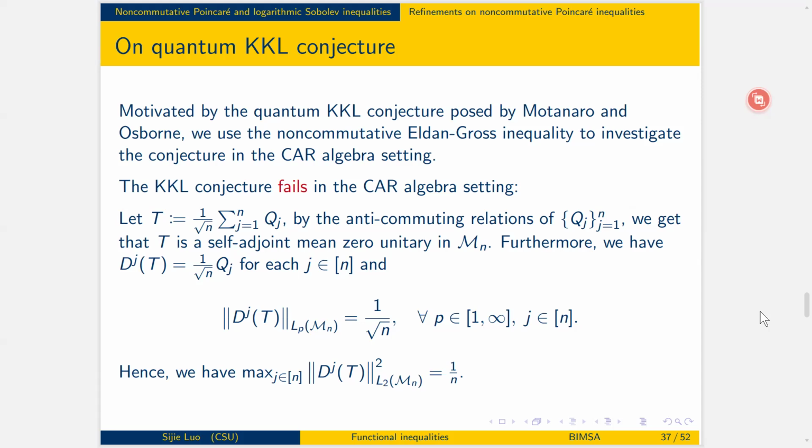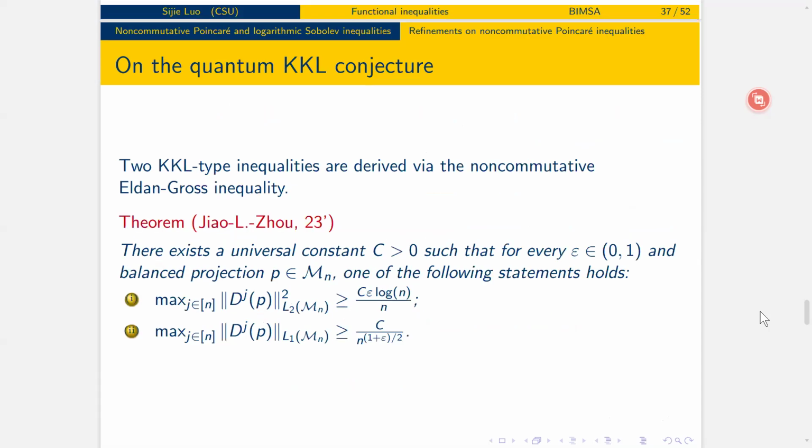But what can we say from Eldan-Gross? Okay, at first, we get the result by using Eldan-Gross. It means that there is also a universal constant here, and for every epsilon belonging to 0 to 1, you can treat it as a very small universal constant. Then one of the following statements holds.